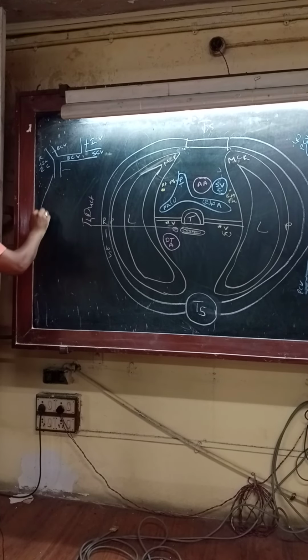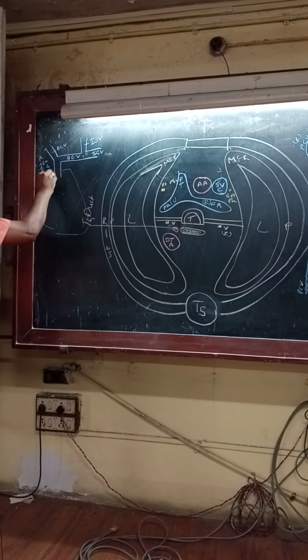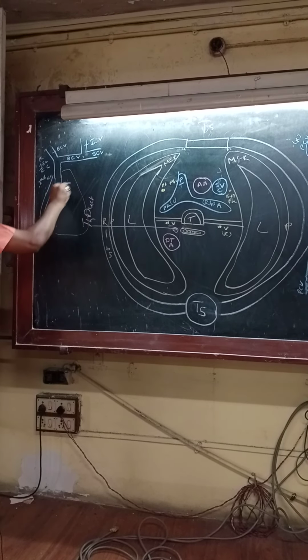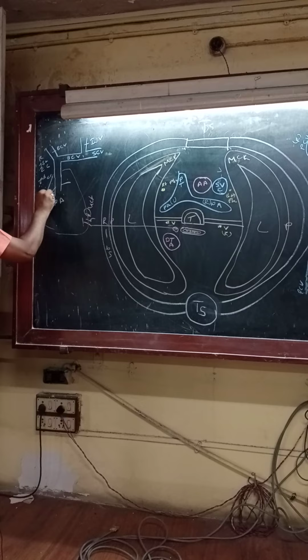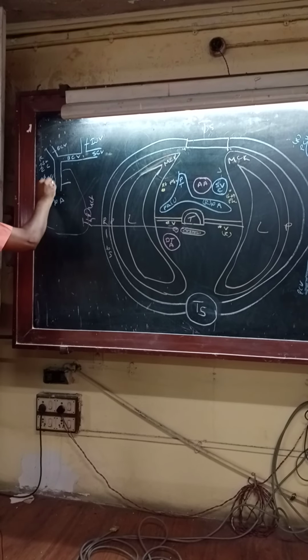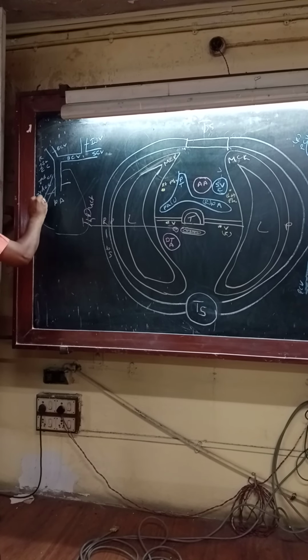It pierces the pericardium behind the second costal cartilage and enters into the right atrium at the level of third costal cartilage, all right side.